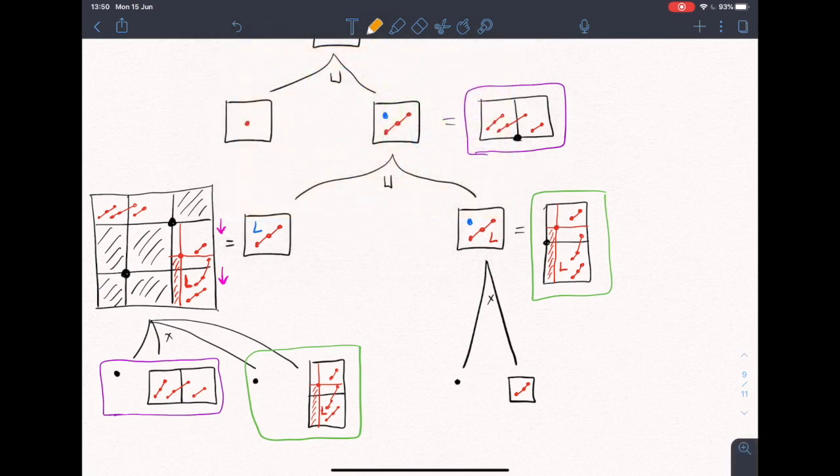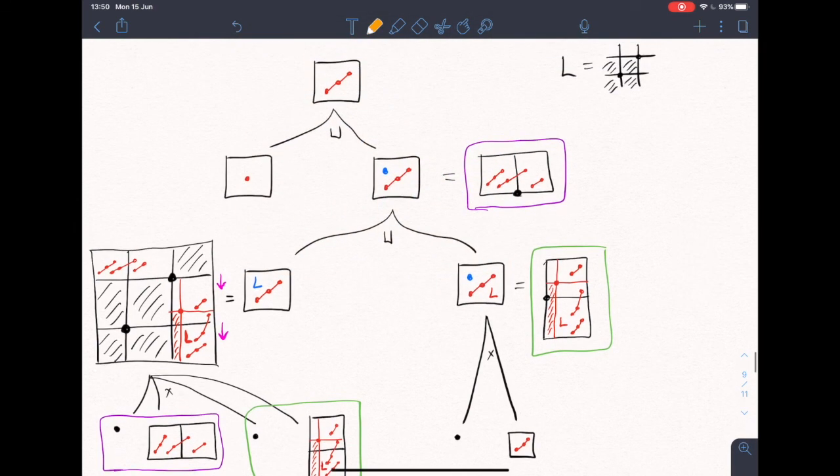And now we can throw some variables in here. Let's call this an F. 1 for the empty permutation. Let's call this G. Let's call this H. This will be I. The purple thing is a G. The green thing is an I. The point is X. And then we have the root F again.